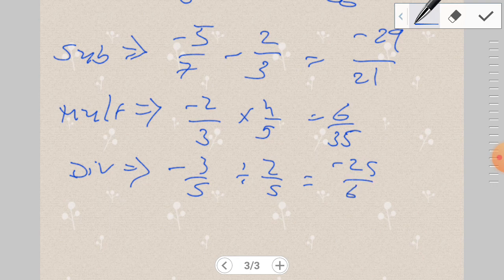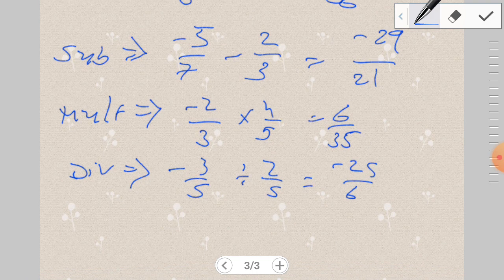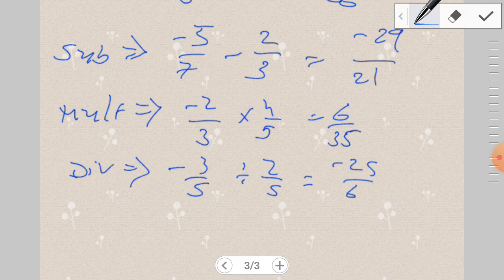But as a rule, as a rational number, we cannot define a division by 0 form. So it is not defined.